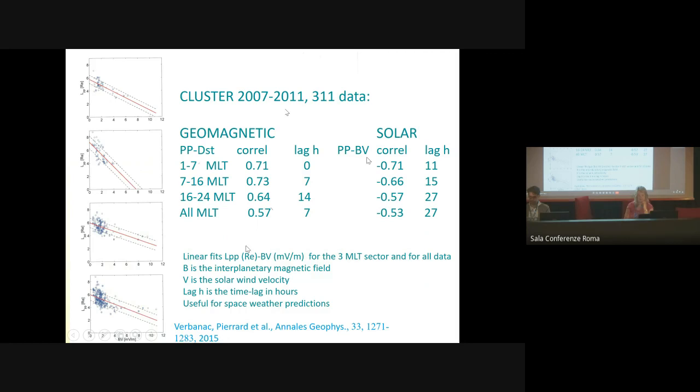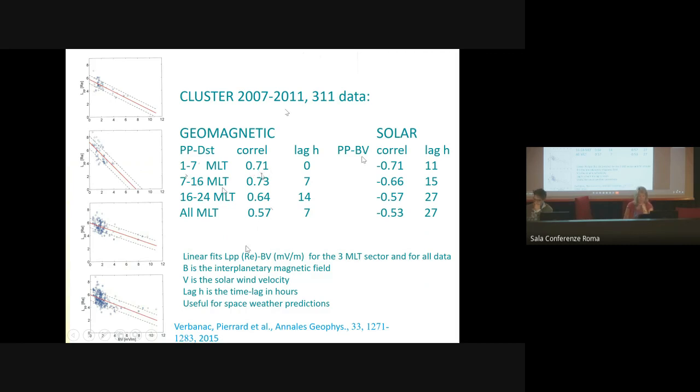Here the best correlation was obtained by the product of the velocity of the solar wind multiplied by the magnetic field intensity of the solar wind. As you can see, correlation quite high, typically 0.7, and especially in the post-midnight sector, between 1 and 7 MLT, because this is really where the plasmapause is created.